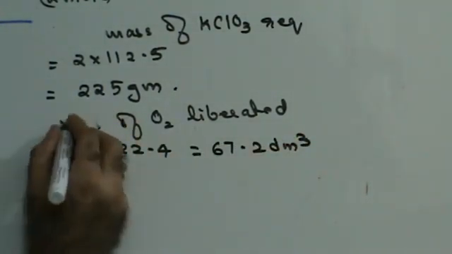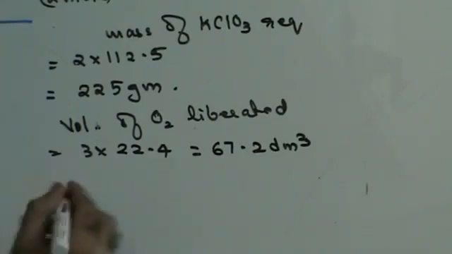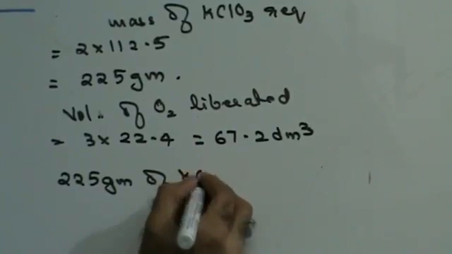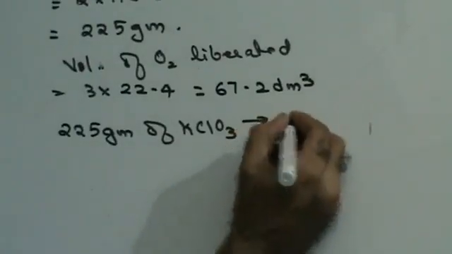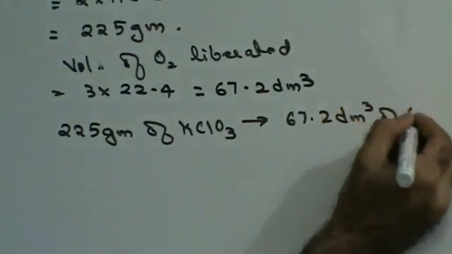This won't be mass, this will be the volume of oxygen liberated, 67.2 decimeter cube. That means 225 grams of potassium chlorate liberates 67.2 decimeter cube of oxygen.